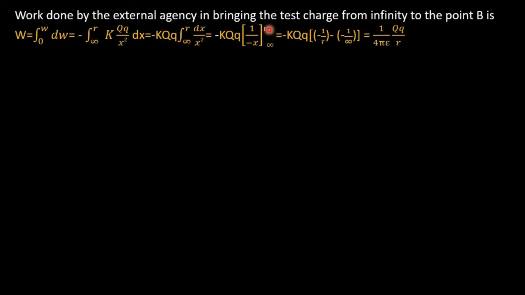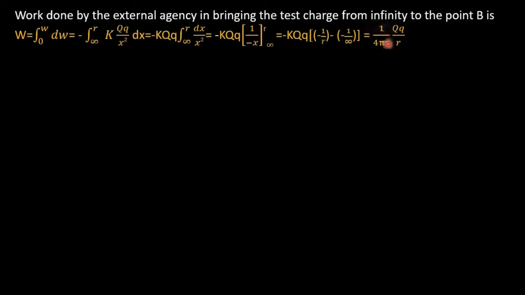Now putting upper limit r and lower limit infinity in the result of the integration, that is minus 1 by x, we get minus 1 by r, r is the upper limit, minus 1 by infinity, infinity is the lower limit. Here 1 by infinity is 0, so the whole term becomes 1 by 4 pi epsilon Q q divided by r.